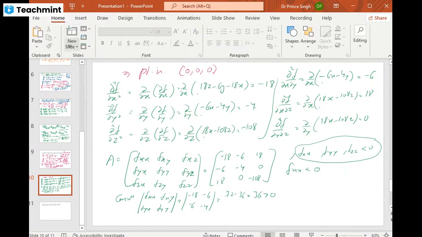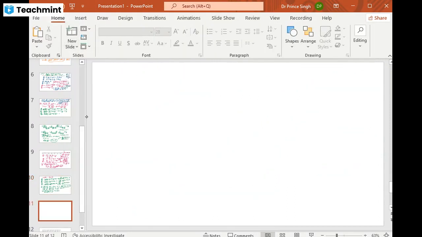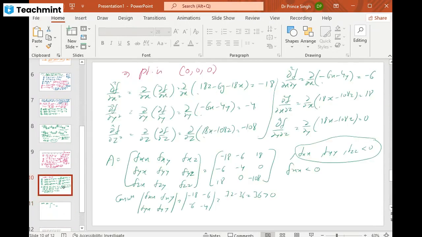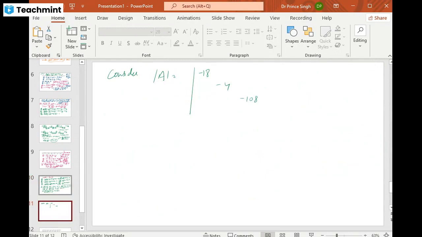Now consider the determinant of A, that is the determinant of the matrix with rows −18, −6, 18; −6, −4, 0; 18, 0, −108. The zeros appear because it is a symmetric matrix. Now we can expand it through the third row.